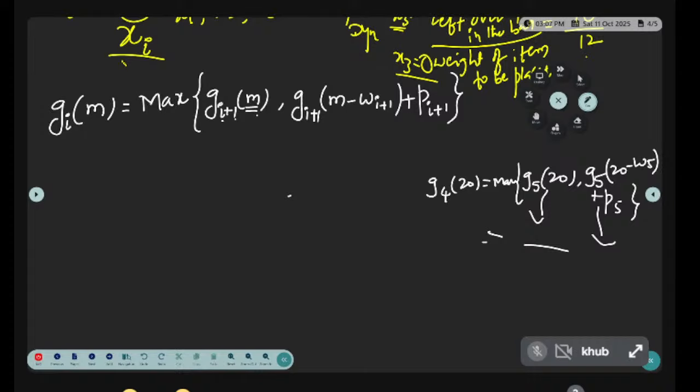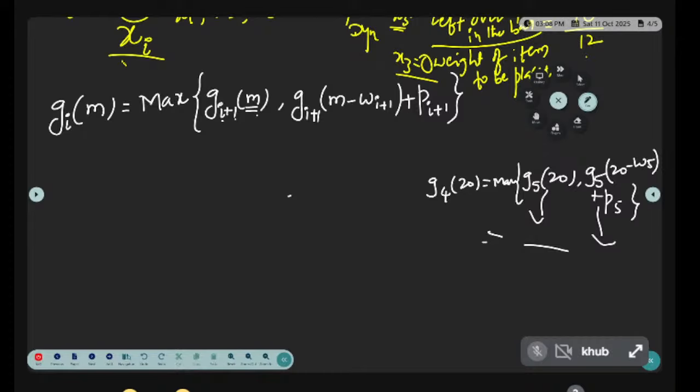That is the way we have to solve dynamic programming, right? So this is the formula described for calculating maximum profit of 0/1 knapsack using dynamic programming. So write down the problem.